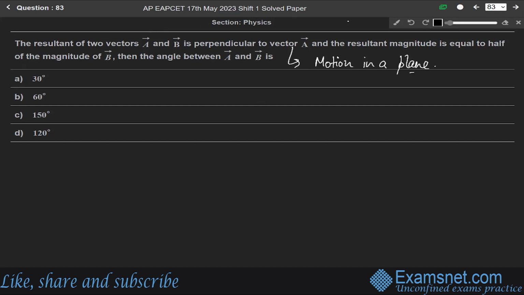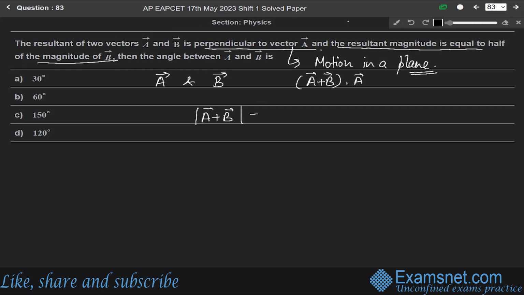According to the question, we are given two vectors, vector A and vector B, and their resultant, A plus B, is perpendicular to vector A. The resultant magnitude is equal to half of the magnitude of B, meaning the magnitude of A plus B equals half of the magnitude of B. We have to find the angle between A and B.